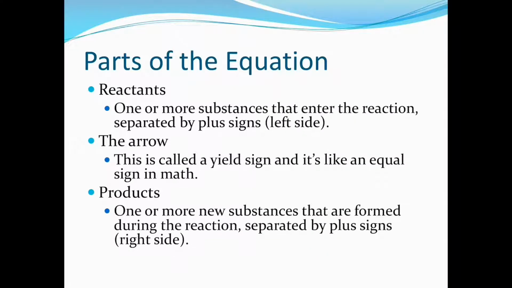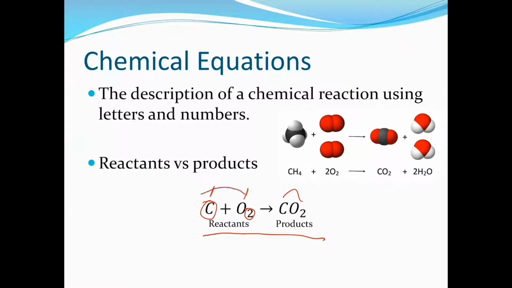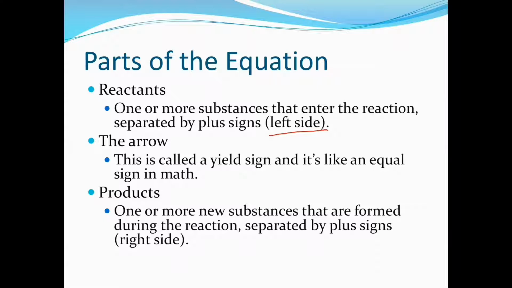So the different parts of the equation, we have the reactants. This is one or more substances that enter the reaction, and this is going to be on the left side, so it's going to be this side right here. We have the arrow, which is what we call the yield sign.